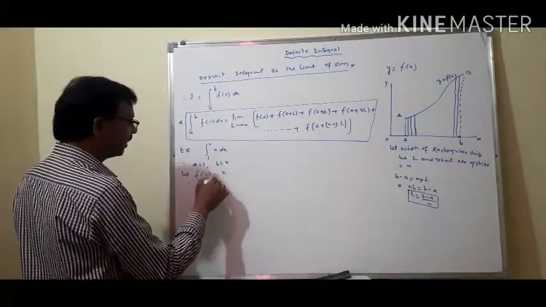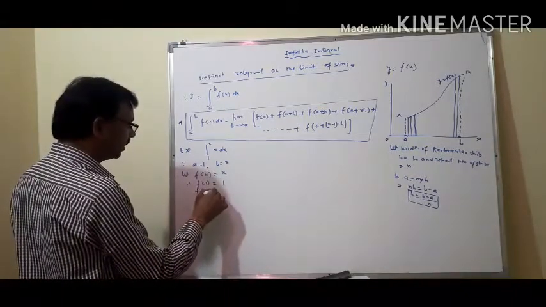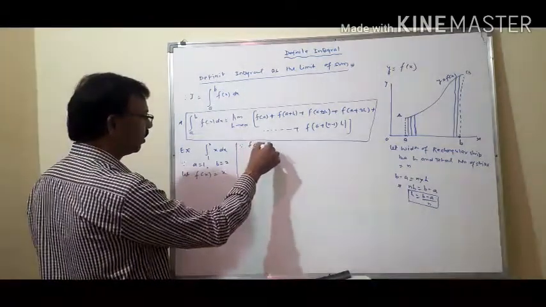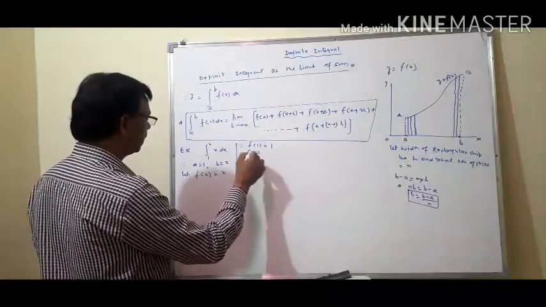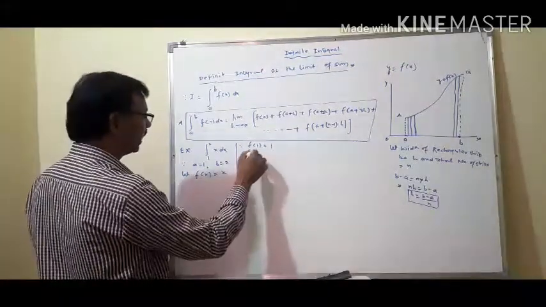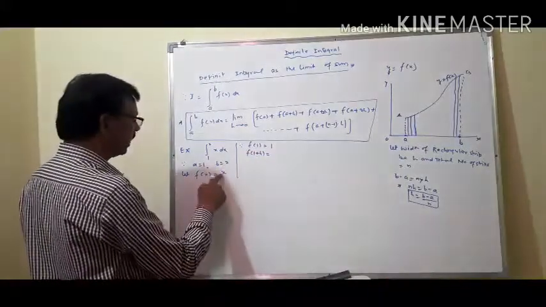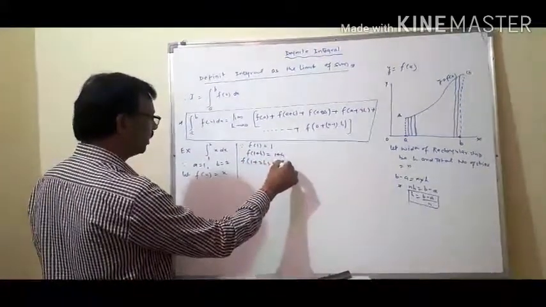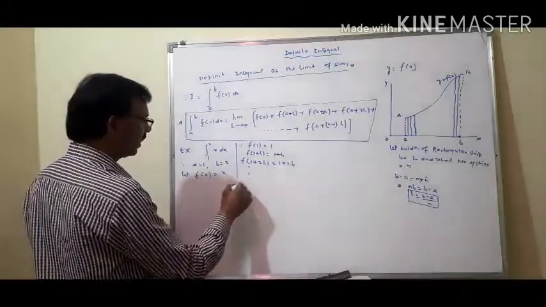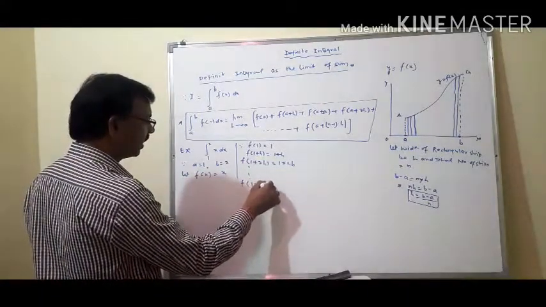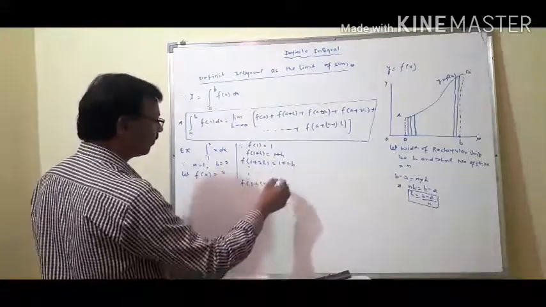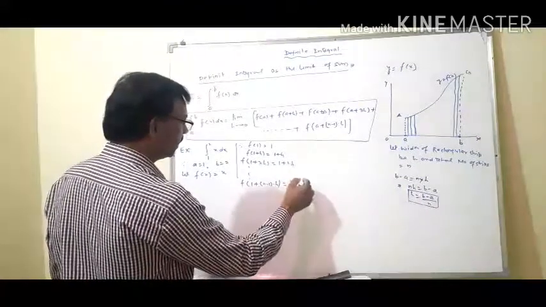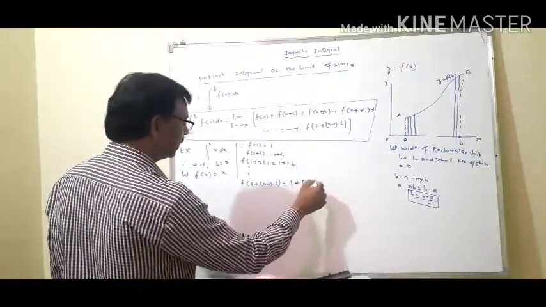Therefore f of 1 equal to 1, f of 1 plus h equal to 1 plus h, f of 1 plus 2h equal to 1 plus 2h, and so on, and f of 1 plus n minus 1 into h equal to 1 plus n minus 1 into h.